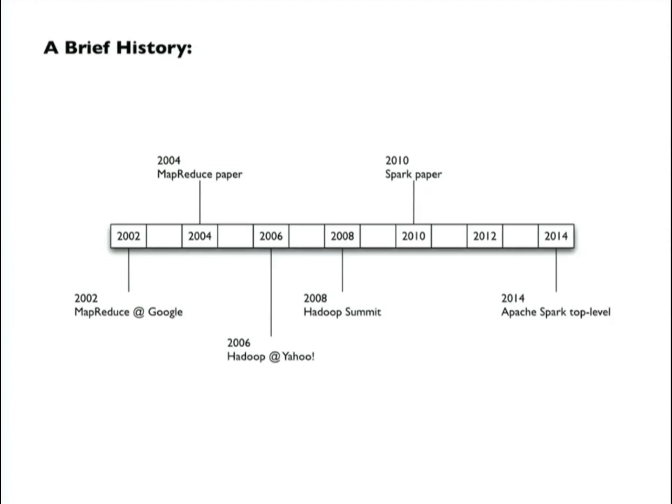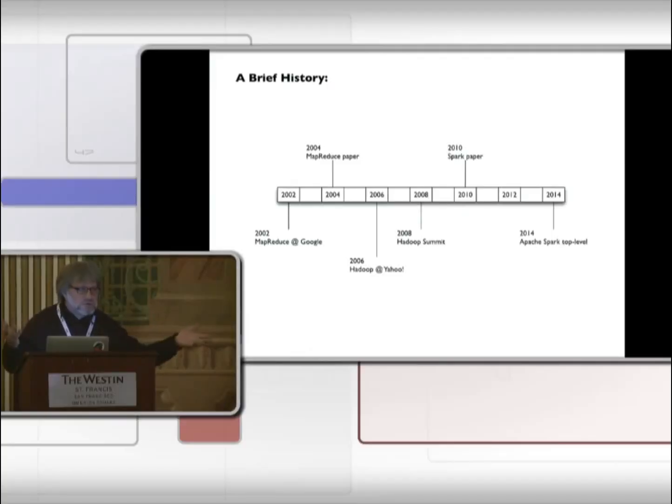A lot of the rhyme and reason of MapReduce was exactly that: leverage functional programming, but take into account the fact that you're running on top of spinning disks and they fail at a certain rate. You want to maximize throughput for batch jobs. So MapReduce was this fault-tolerant framework that would allow a large-scale job to run with guarantees that it would complete and still be able to get away with using commodity hardware.